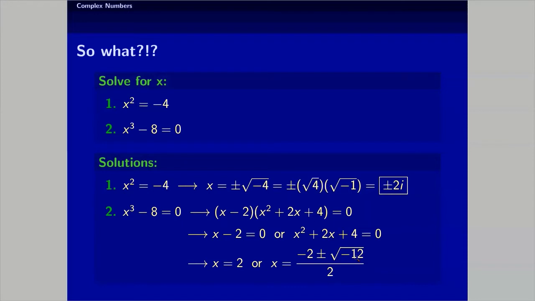But what is the square root of negative 4? From number 1, square root of negative 4 is 2i. So please simplify this and make sure you will get this final answer.